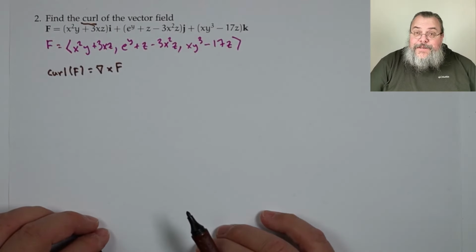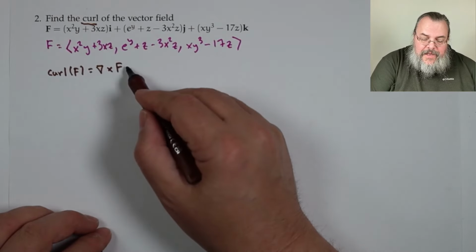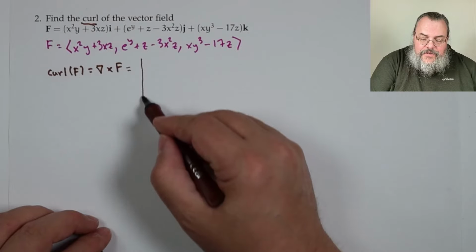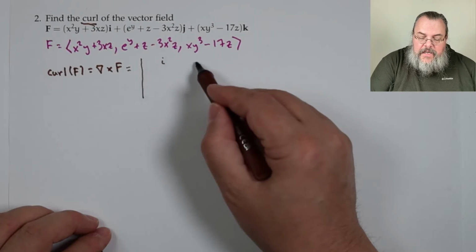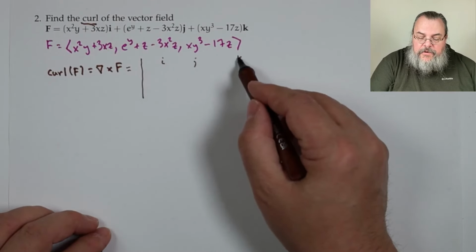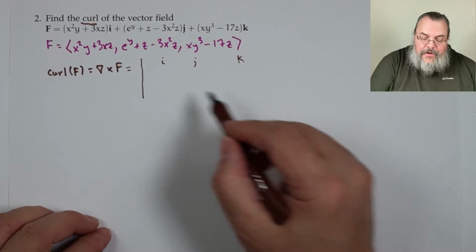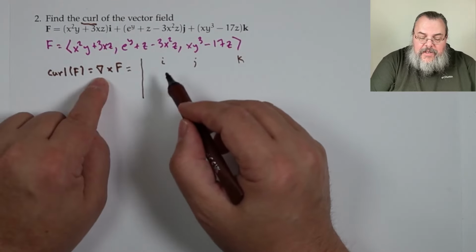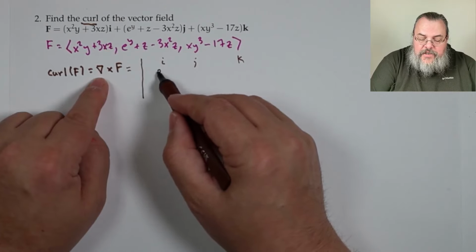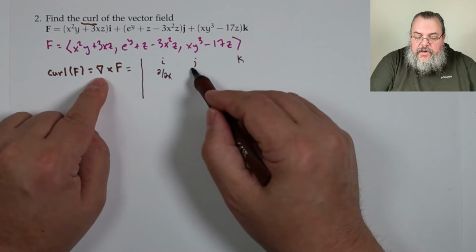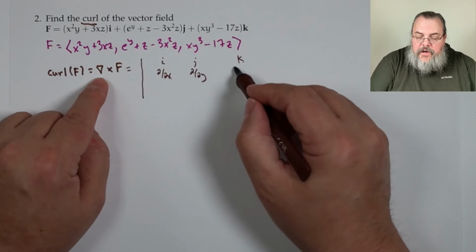Well, so we're doing a cross product. Kind of unusual when you look at it. You have i, j, k. I like to give myself lots of room because we're going to write a lot of stuff in that third row. Now, here, del, that's our partial x, partial y, partial z.